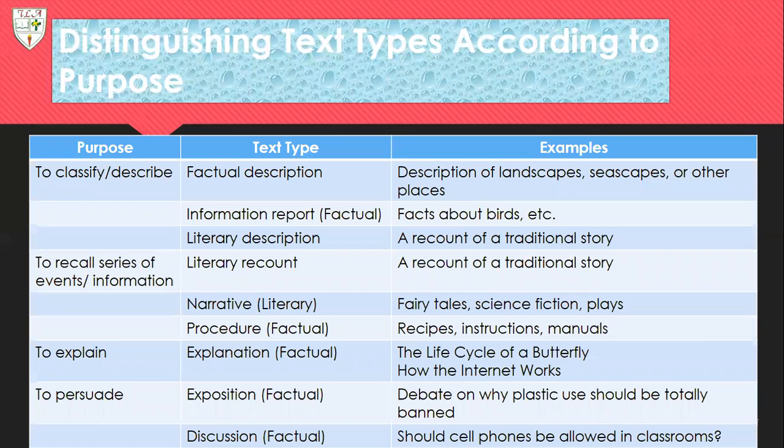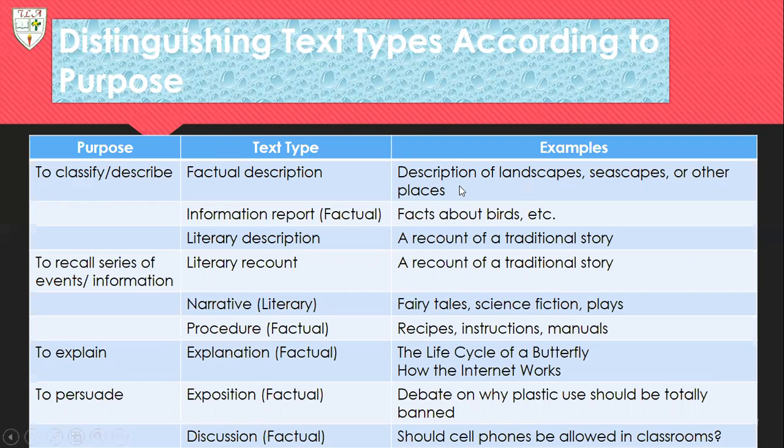So here are different kinds of purposes in which text type they fall, and I will also give you an example. So first purpose is when you need to classify or describe something. That falls under a factual text type, or it's a factual description which falls under factual text type.